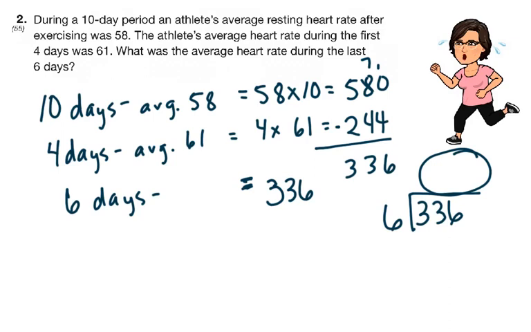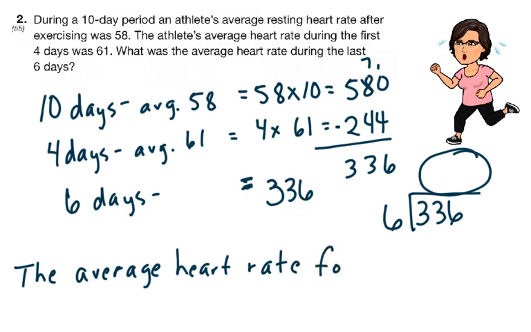And so you're going to write the average heart rate for 6 days was, and you're going to put your answer there.